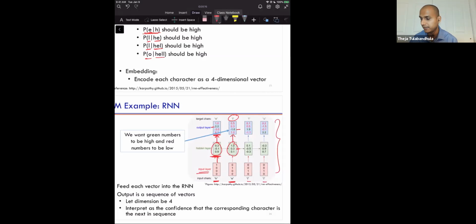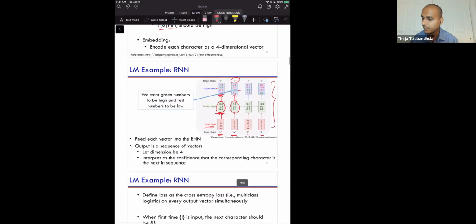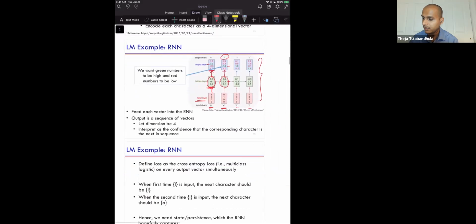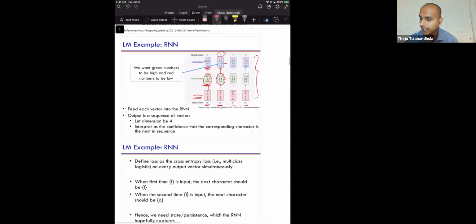Okay, the most vanilla version. And so how do you compare E with the actual output? The actual output is going to be 0100, which is what we want. But the output here is not that. It's a bunch of scores. So you can normalize these numbers back to between 0 and 1 by doing the softmax operation.